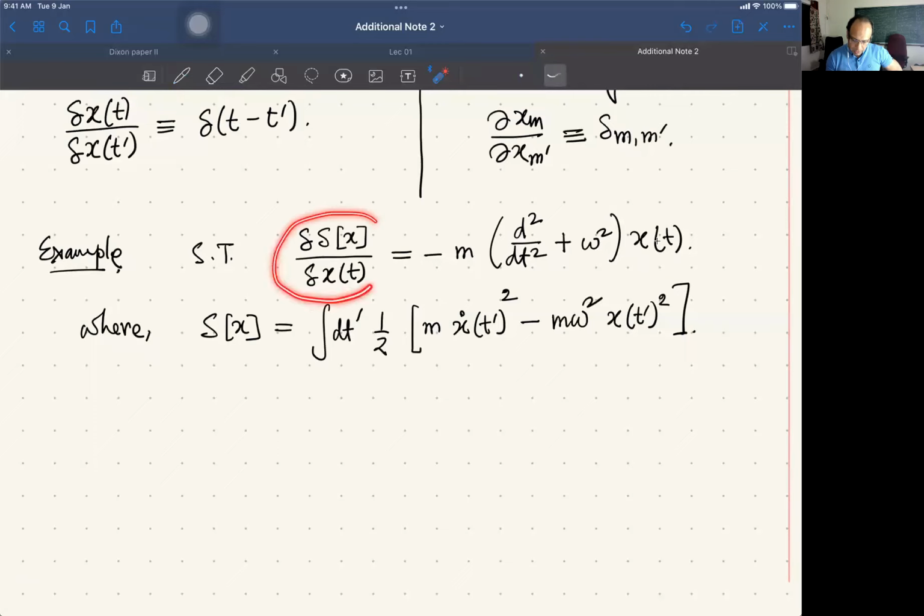The goal is to calculate this functional derivative where S is given by this.